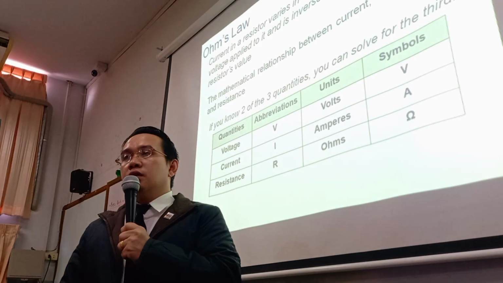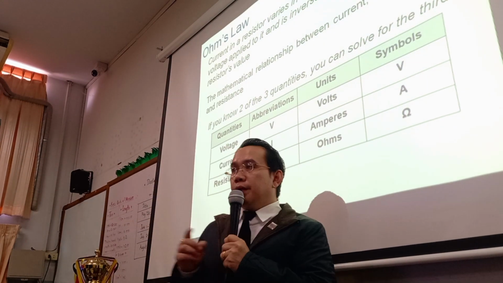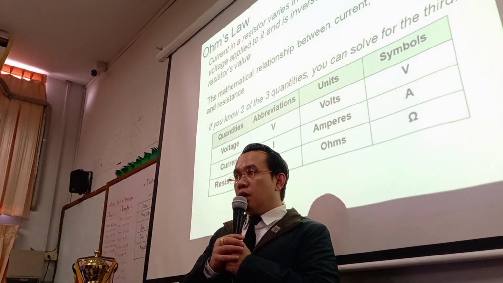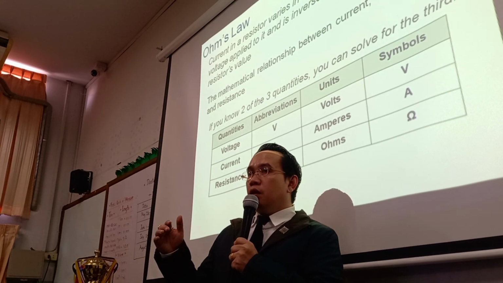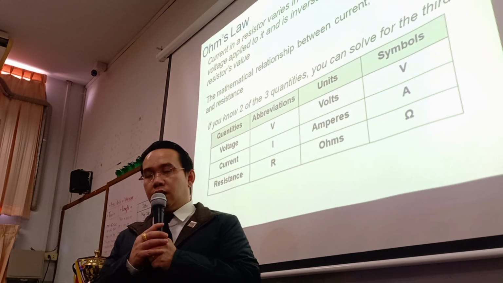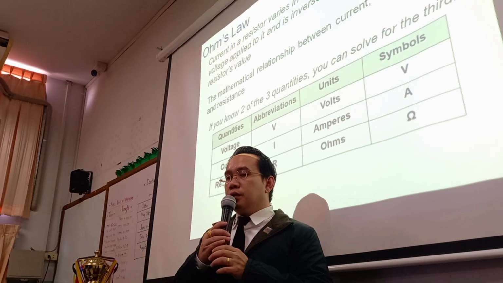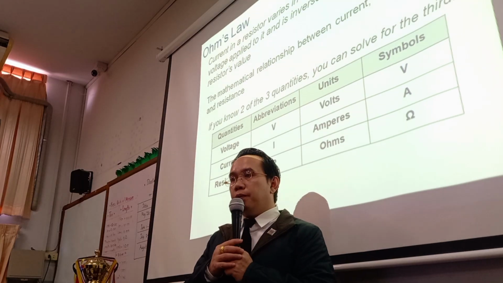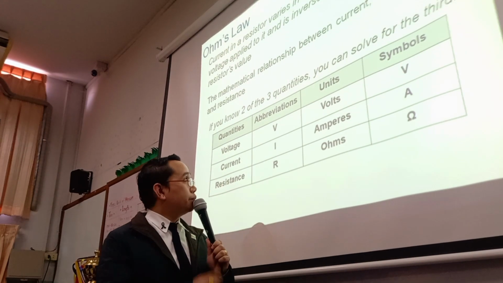Then let's discuss Ohm's law. Let us go deeper into this, because Ohm's law is one of the first and best-known laws when it comes to the principles of electricity. In Ohm's law, the current in a resistor varies in direct proportion to the voltage applied to it and inversely proportional to the resistor's value.